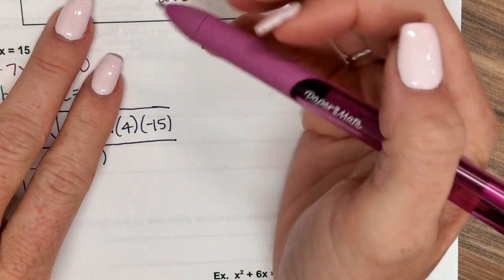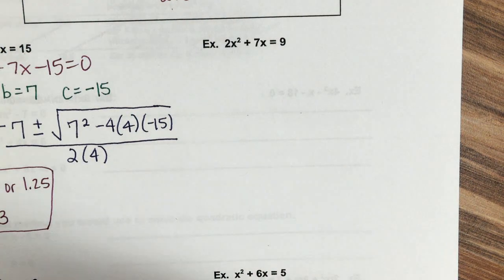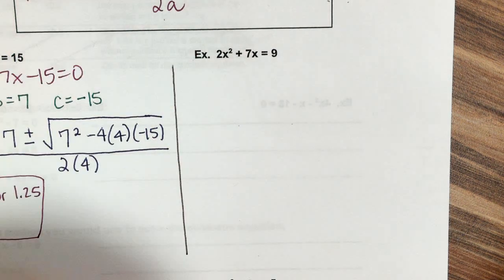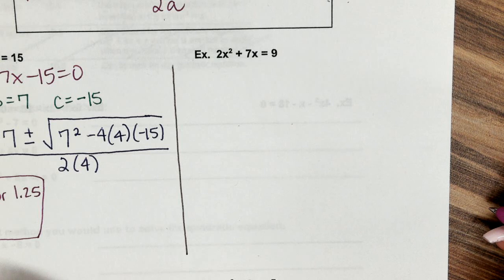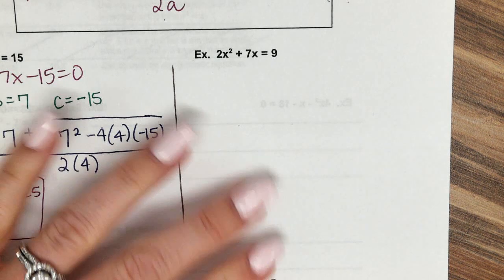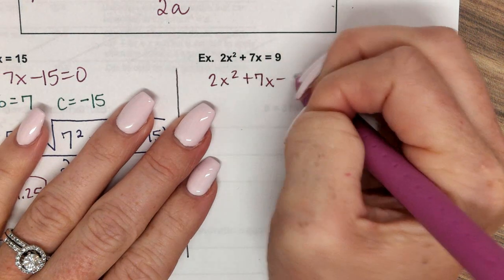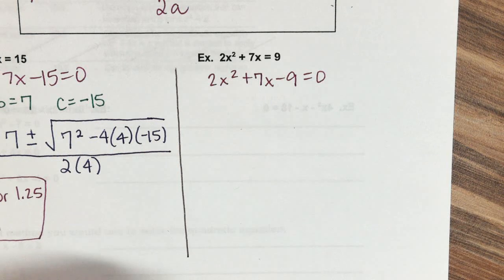Is this one written in standard form? No, it's not set equal to zero. All right, so I have 2x squared plus 7x minus 9 equals 0.